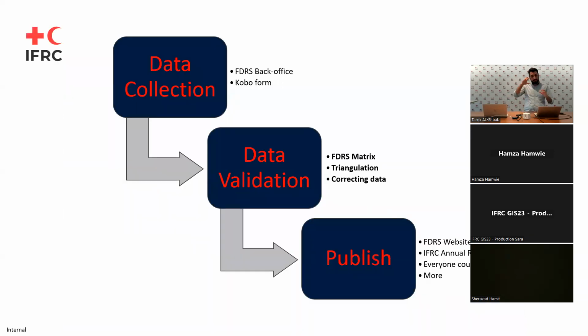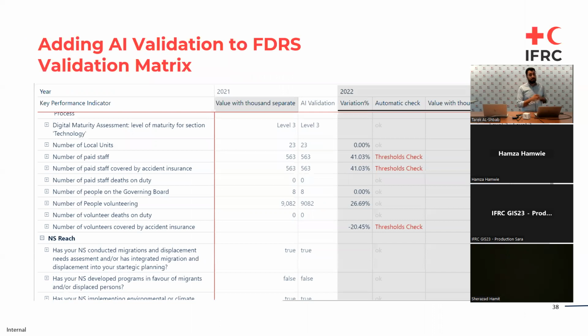So let's go back to our diagram, the three steps that we're talking about: data collection, data validation, and publish. What we really want from this testing, from adapting AI for that, is to add AI validation to the FDRS validation matrix. That means we have another column in our validation matrix, letting us know the data extracted from the annual report that we have, and we can match it.